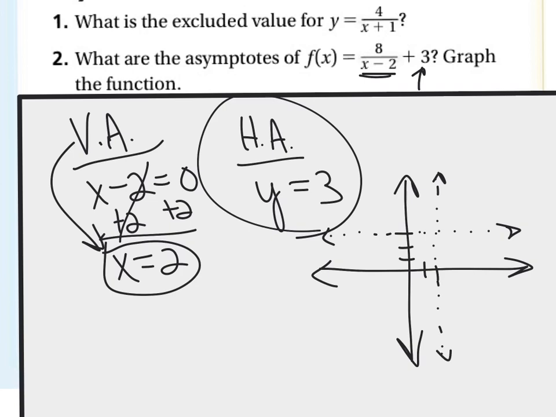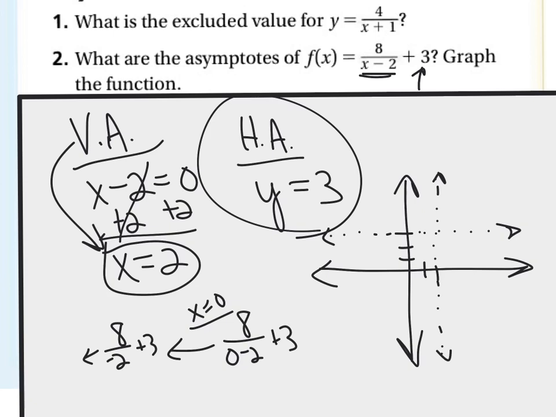So if you just put x equals 0, we'd have 8 over 0 minus 2 plus 3. So 0 minus 2 is negative 2. 8 divided by negative 2 is negative 4, and negative 4 plus 3 is negative 1.